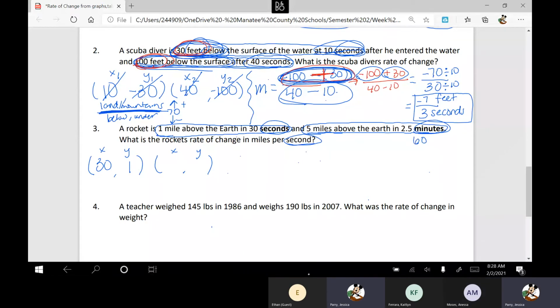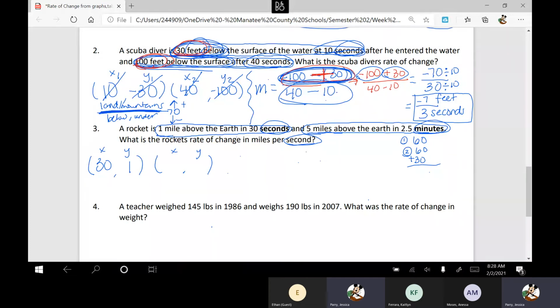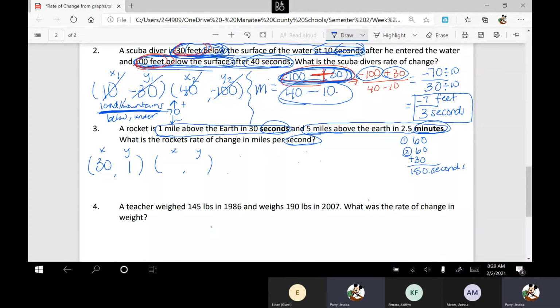And then we have 2 minutes, so there's another 60. And then we have 0.5 minutes. How many seconds in half of a minute? 30. Perfect. So you're really just going to add all of those together. 60 plus 60 plus 30, and then we end up with 150. Okay, so that's 150 seconds.